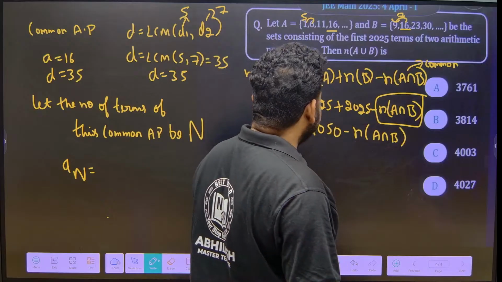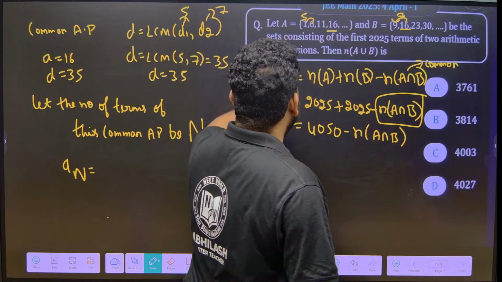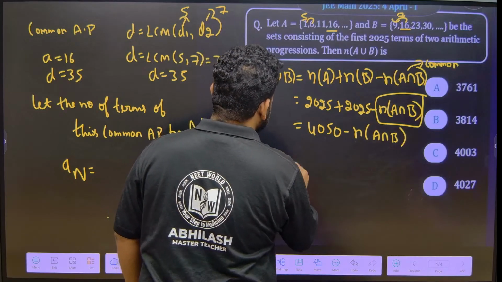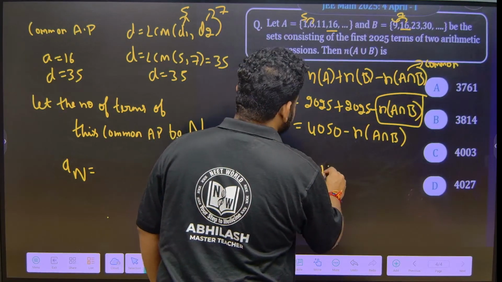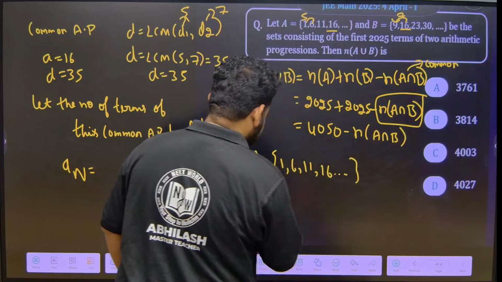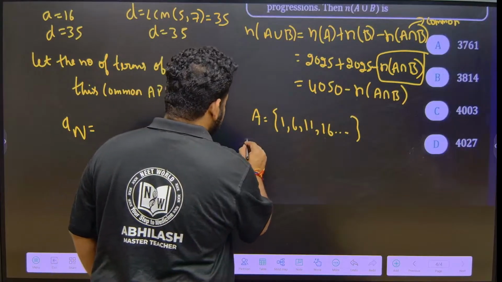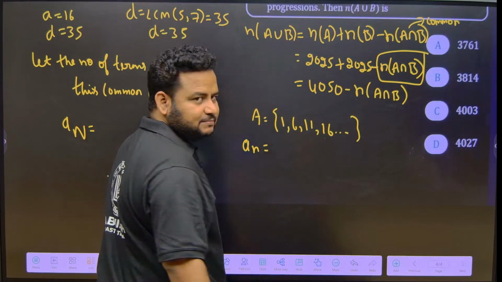Now let us take this first AP, A, that is 1, 6, 11, 16. For this AP, if I have to find out AN, AN is given by A plus N minus 1 into D, correct?